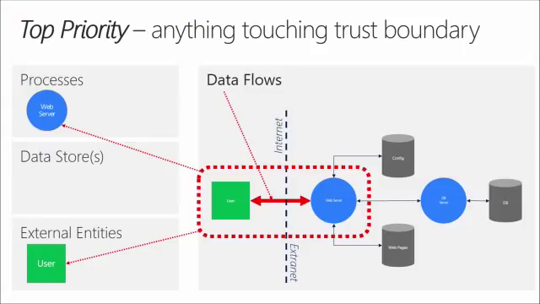And so it's very important to apply the threat modeling to that piece at a minimum, and ideally you want to apply it to the whole system, and we'll have the questions up in the next slide. But the minimum piece that we want to focus on is anything that touches that trust boundary.